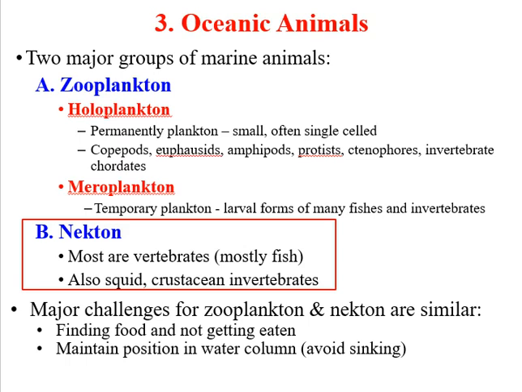And then there's this permanent plankton, permanent zooplankton. There's some protists, like I said, that are small, single-celled, but there's a lot of animals. These copepods are really, really important plankton. Little crustaceans. Another type of crustacean that we looked at, krill or euphausids, very important. Amphipods.